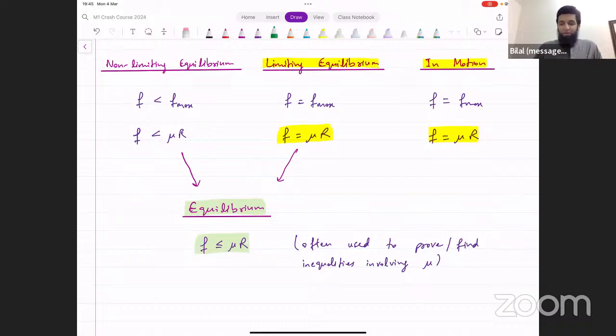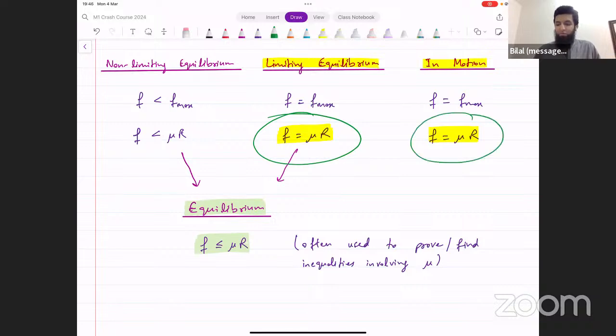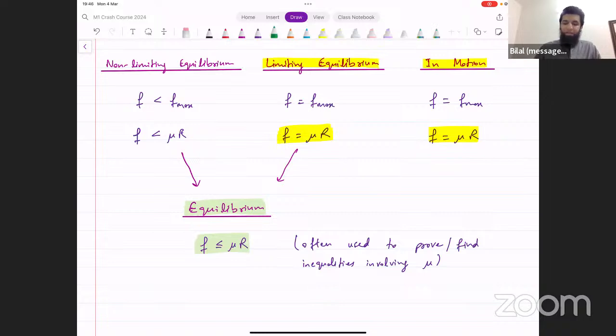When you have limiting equilibrium, F equals mu R. Friction is at its maximum value, which means it's equal to mu R. When you have the object in motion, in that case as well, friction equals mu R. And then if it's just equilibrium, sometimes they tell you that the object is in equilibrium and ask you to prove an inequality. In those cases, you need to use the idea that friction is less than or equal to mu R, because equilibrium means it's either non-limiting or limiting.